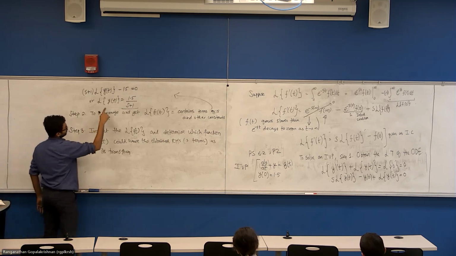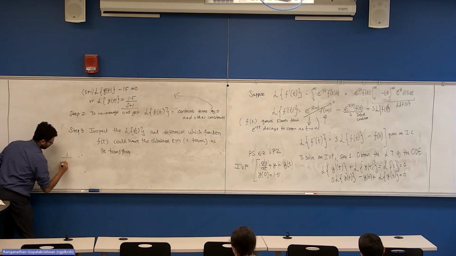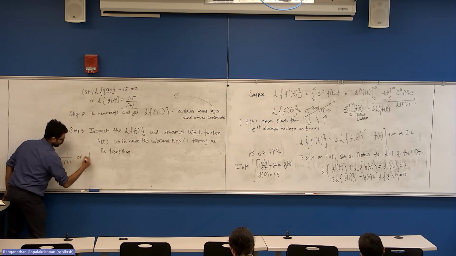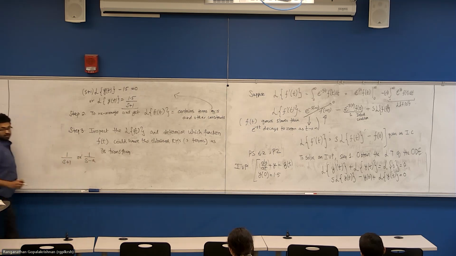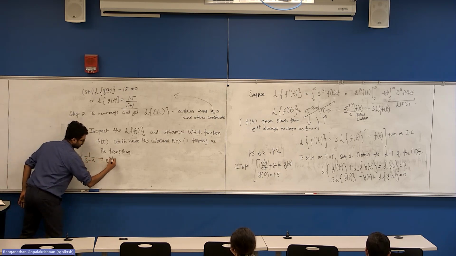So if you have this, which function has a transform 1 over s plus 1? Or which function has a transform 1 over s minus a? E power at, right? That's the first thing we saw.